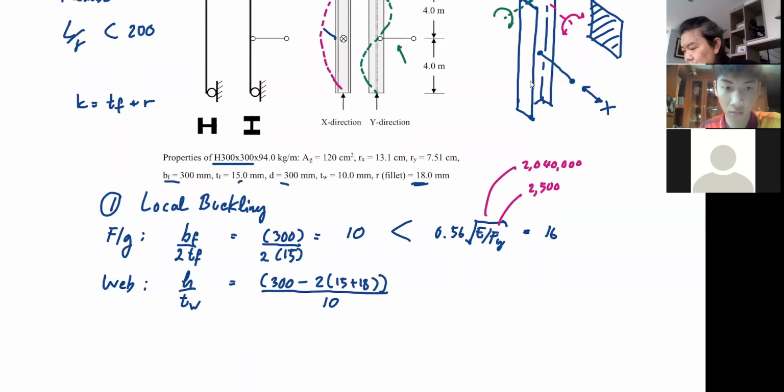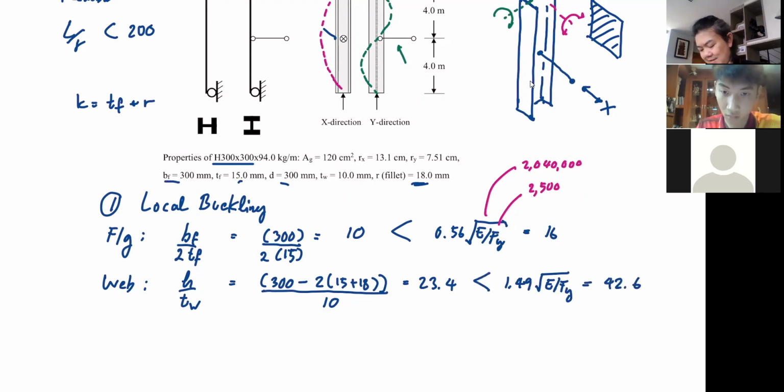And this comes out to be 23.4. All right, which is to be compared with our limit, which is 1.49 square root E over Fy. And this is huge because it's 1.49, so it's 42.6, and it's too less.